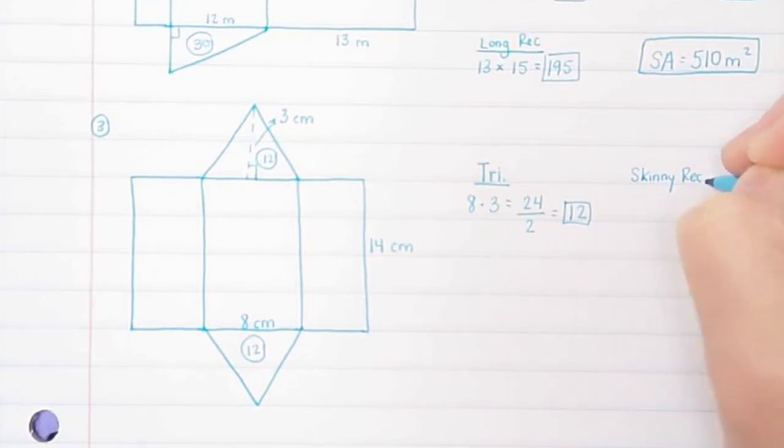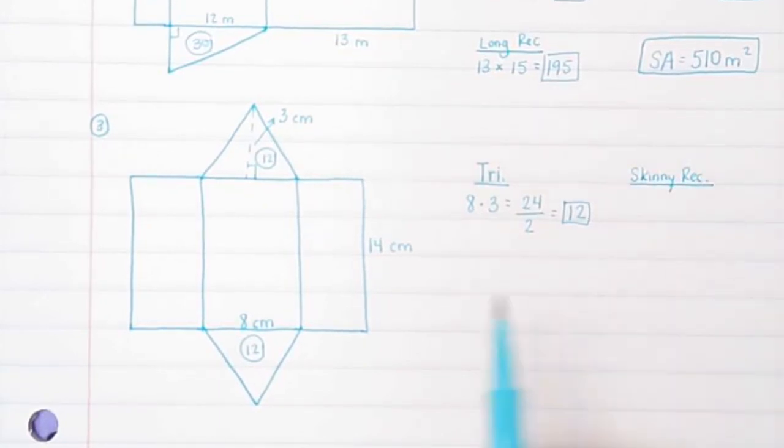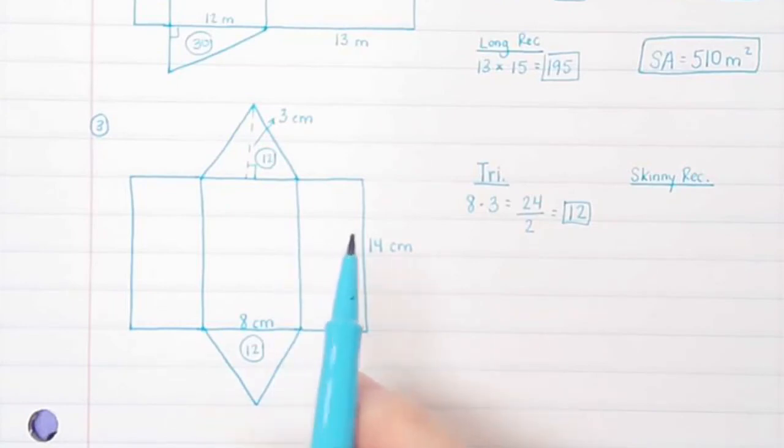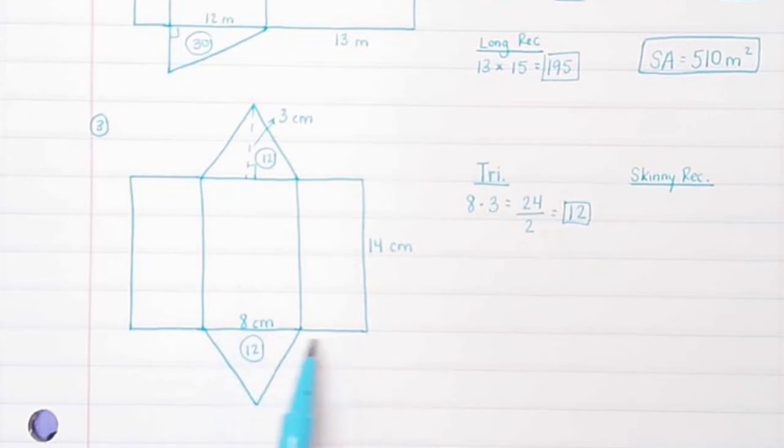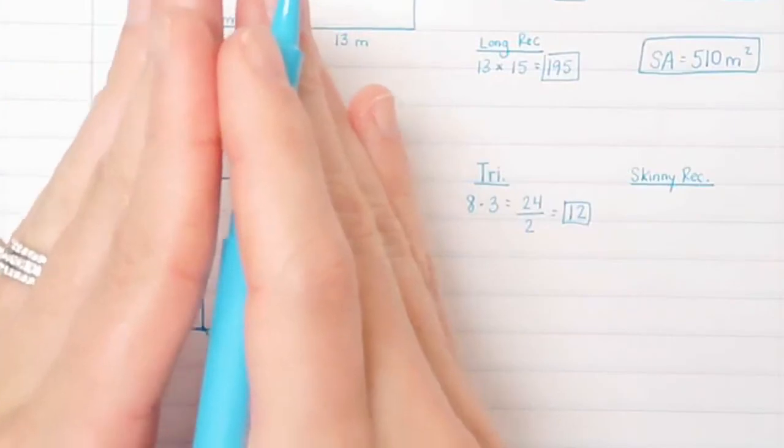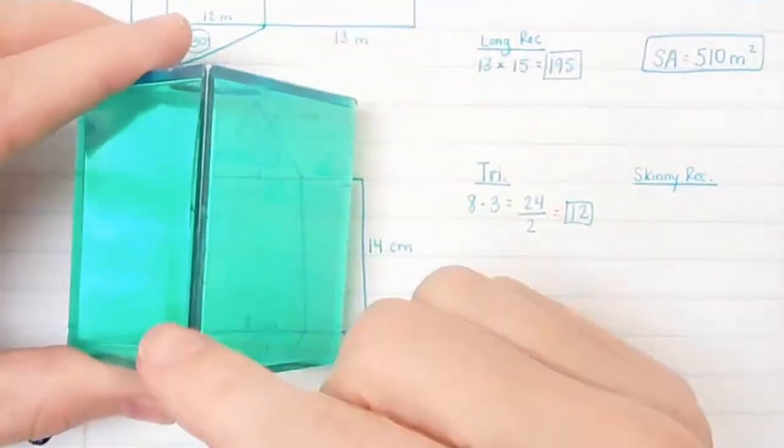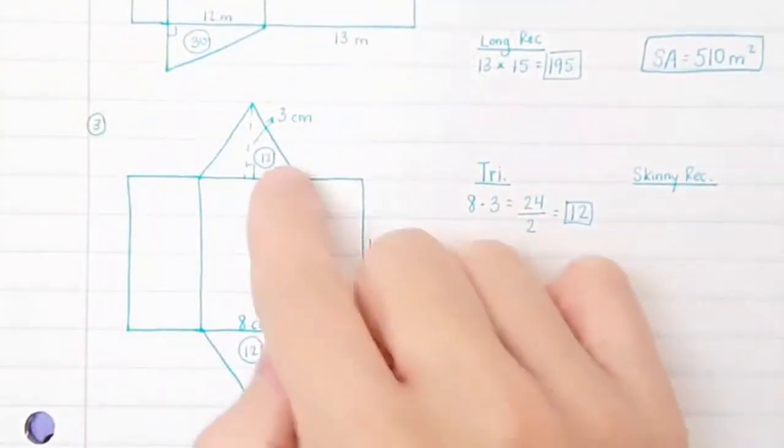All right, let's move on to, once again, the skinny rectangles. Okay, so skinny rectangles, I need this side and I need these sides right here. You have to be careful with this one, because this one in the middle is bigger. So don't assume that because this line's 8 that this one's 8 as well. Because think about it, when we fold this shape up, this side is going to match up with this side right here.